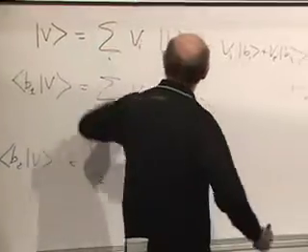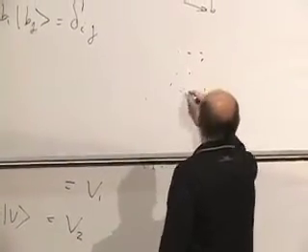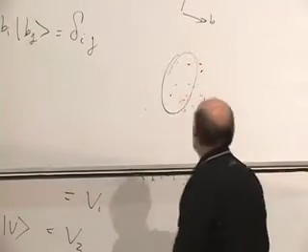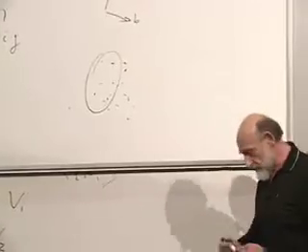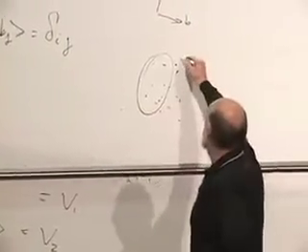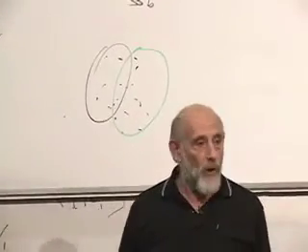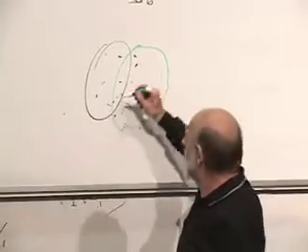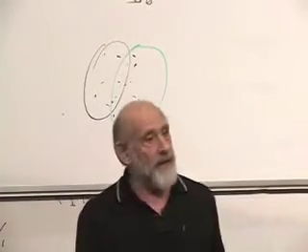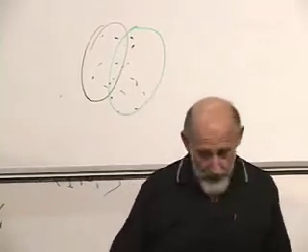Now, if you have a set of some kind, and you consider some subset, and you consider another subset, then the things which are in both subsets are the intersection, and the things which are in one set or the other set are the union of the two sets.